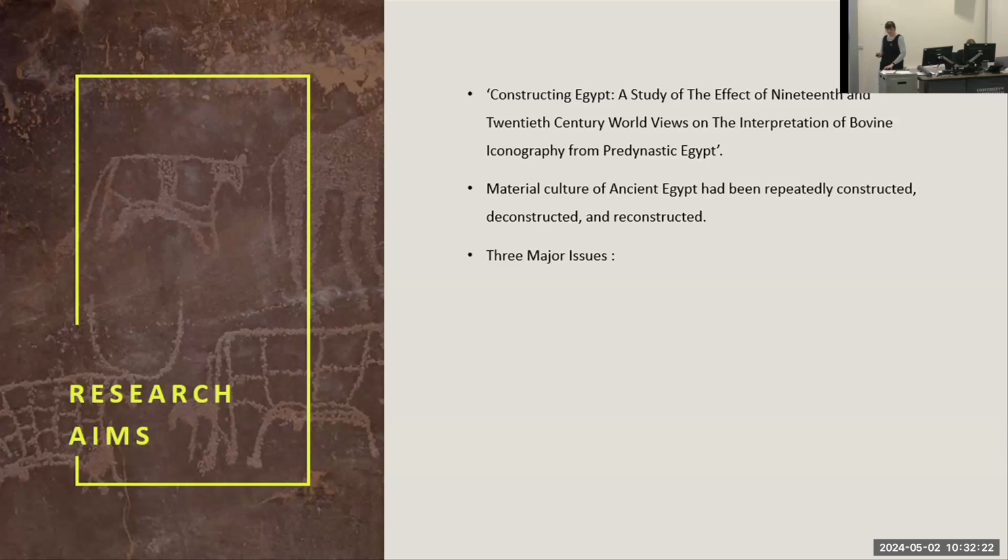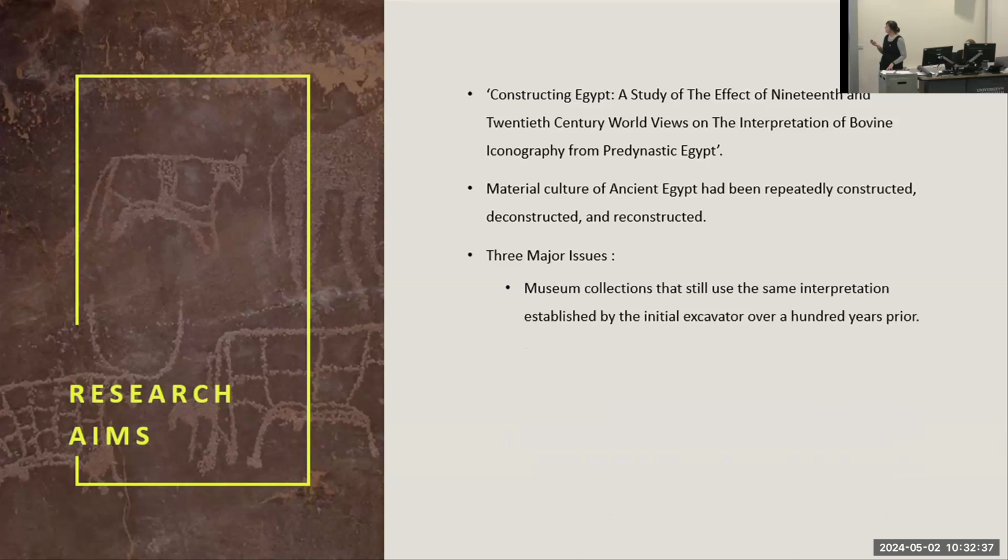Within my master's research, I also identified several troubling issues within museum collections, stemming from the historical baggage of the turn of the century. These issues can be split into 3 major sections. The first is museum collections that still use the same interpretation established by the initial excavator over 100 years prior, which in some cases might be perfectly fine.